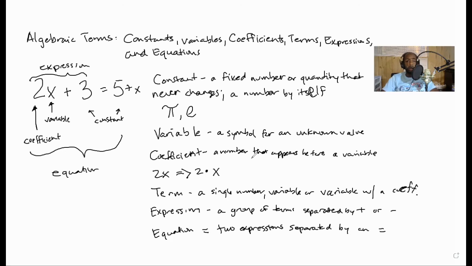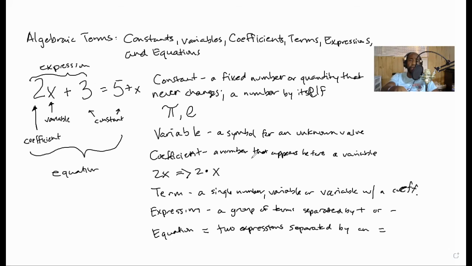So that's pretty much all I wanted to talk about here. Some good introductory algebraic terms. Constants are numbers, fixed quantities, and numbers that don't change. Can be a number by itself, or one of these other constants that we know of, like pi or e. A variable is whenever you see those letters inside of an equation. Essentially, it's just a symbol for a value that you don't know, a symbol that you can plug in any value for.